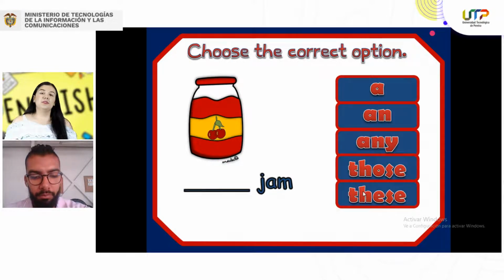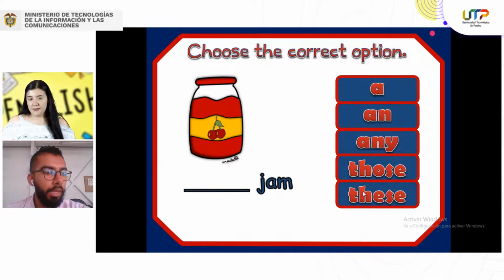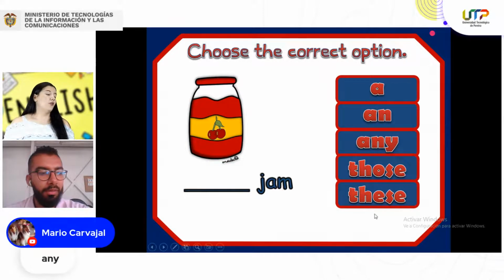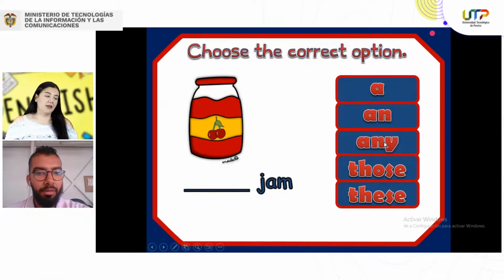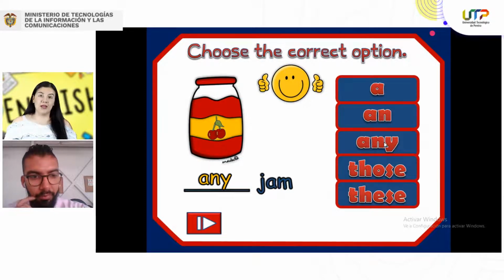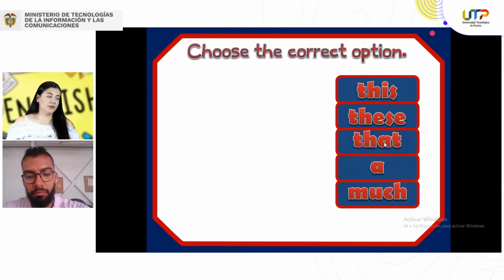What is the correct option? Brian, what did they say? All right, they say any. Sergio, Dana, Isabela, and Mario. Any jam. Of course, any. Es el único que está en esta lista que nos aplica para no contables. Entonces recordemos que la mermelada, jam, es no contable, ¿sí? Muy bien. Very good. Good job. And let's see the next one.